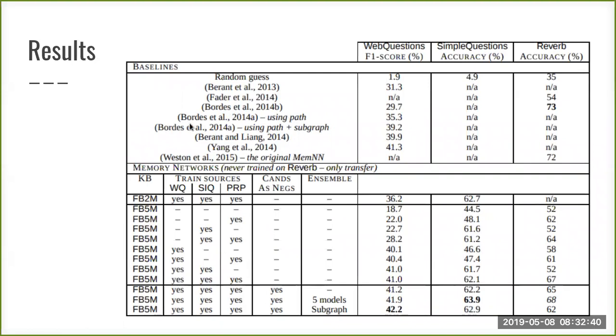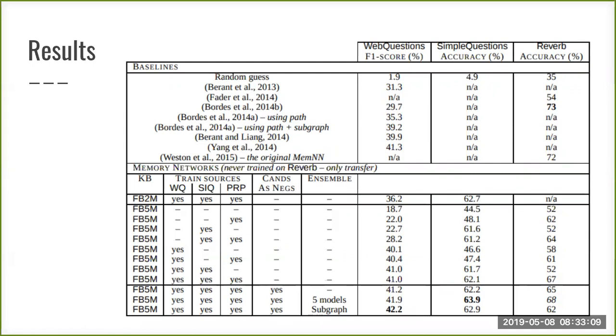Bordes, I believe, is the guy who made this memory networks framework. So they were evaluating on this WebQuestions database as well, and they were also using this Freebase knowledge base, but they would not do such preprocessing as these guys did. Like if the question involved multiple objects, they would actually scan through multiple facts and concatenate the answers together.